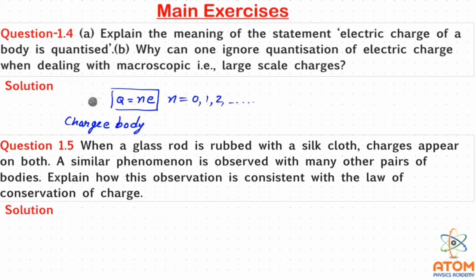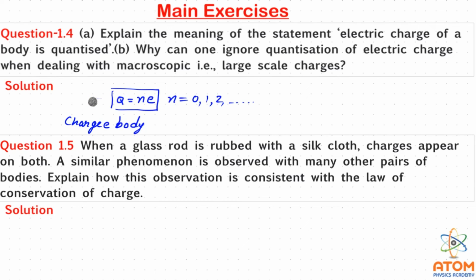Then the atom itself has a size of 10 raised to minus 10 meter. That means it is 1 upon 10 raised to 10th part of 1 meter. So you can understand how small it is. And in that atom, the nucleus is 1 upon 10 raised to 5th part, meaning 1/100,000th part of that atom.